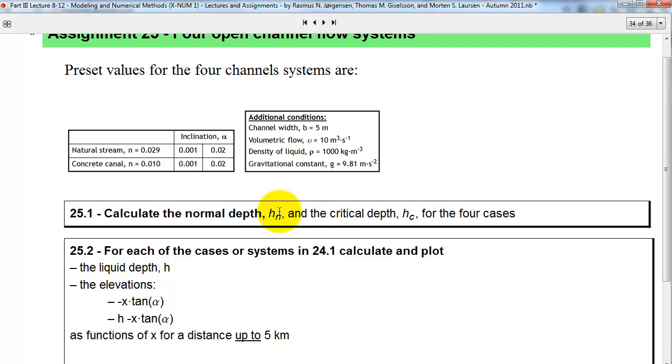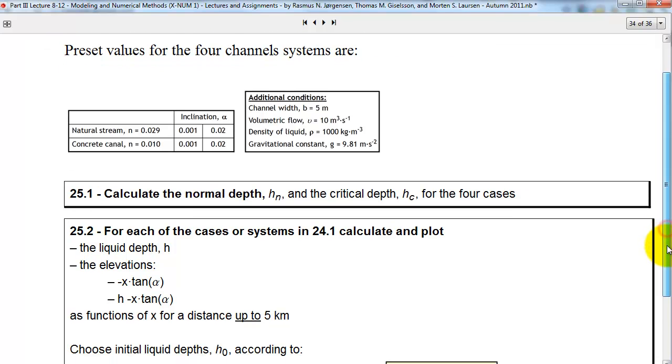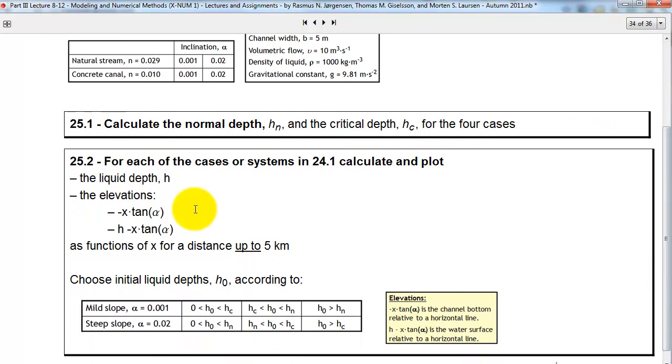So what you need to calculate now is the natural height, where the system is in balance, and the critical height for all four cases, and then after that you need to calculate and plot the liquid depth and the elevation. This is stated down here, the elevation when you have the channel going downstream, so the height is decreasing, so it's not horizontal.